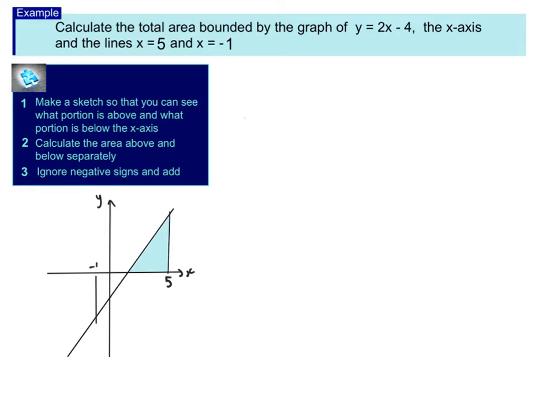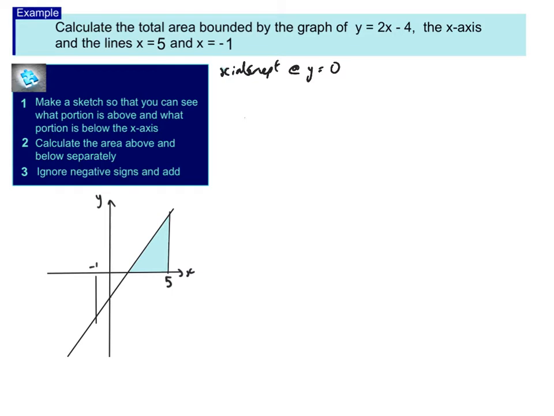To do this, I need an upper limit and I need a lower limit. Here, I've got an upper limit. This is going to be the lower limit of this first section. I am essentially finding a root for this line, finding its x-intercept. So its x-intercept is at y equals 0.